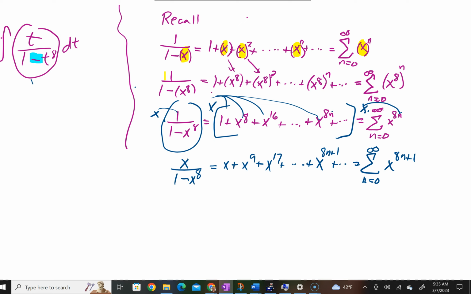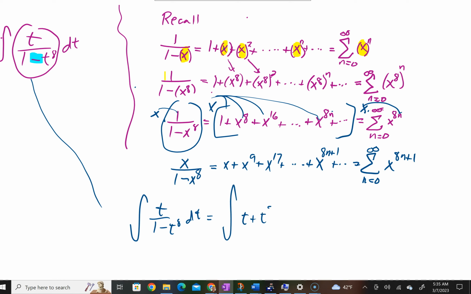So right now, we are going to be able to take a look at this problem right here. What is the integral of t all over 1 minus t to the 8th dt? Well, it's going to be the integral of, everywhere where we had an x, it's really just a dummy variable. And forgive me, I'm going to put some bounds on here. If you look at our notes, you're going to notice that our bounds were slightly different.